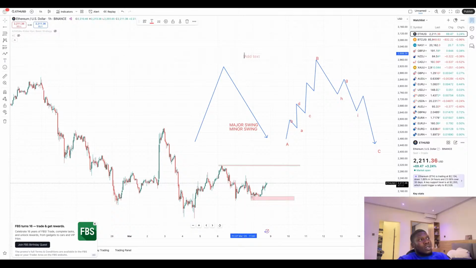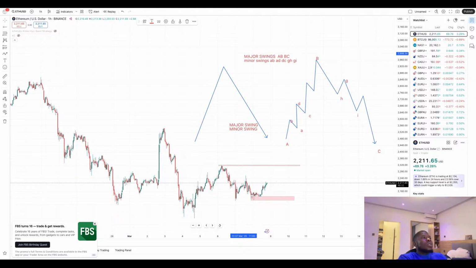So your major swings are points A, B and points B, C. Then your minor swings are small letters a, b, a, d, d, c, then g, h, g, i.